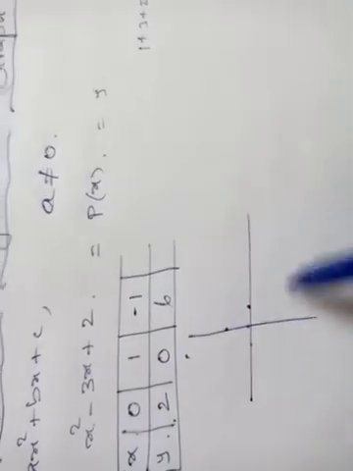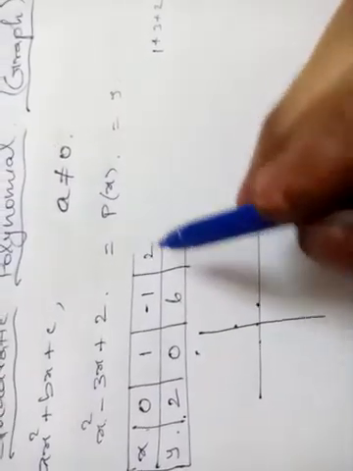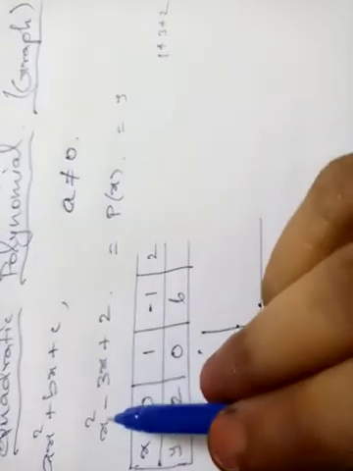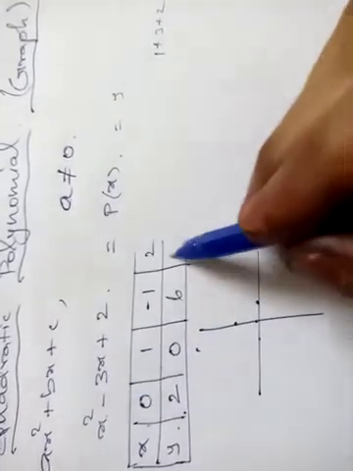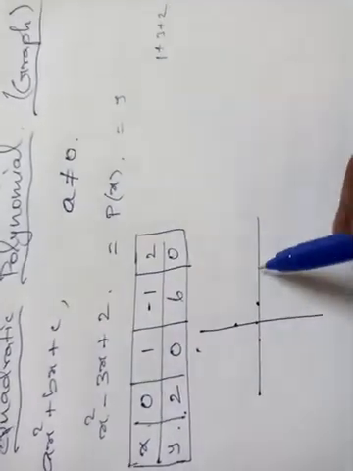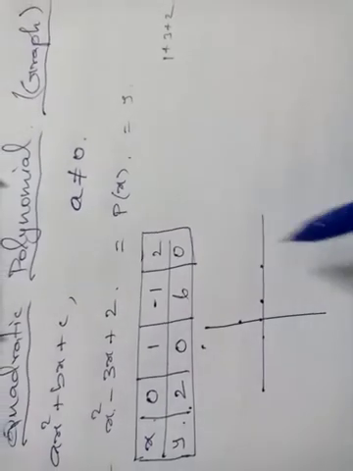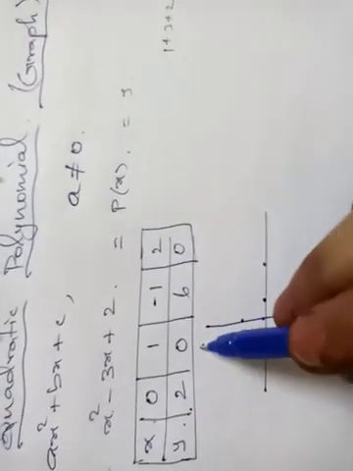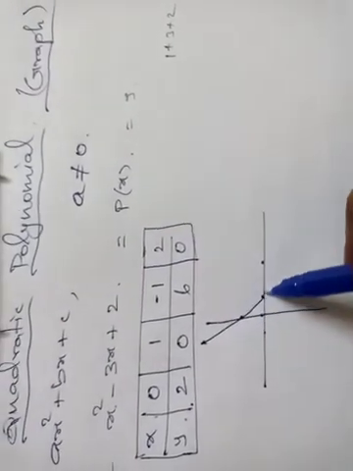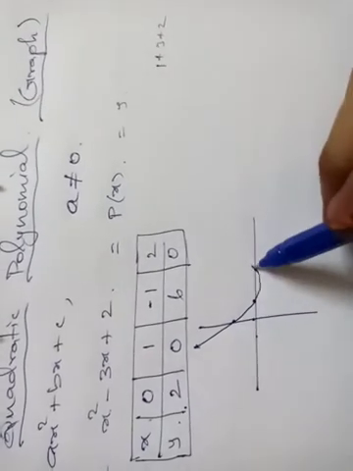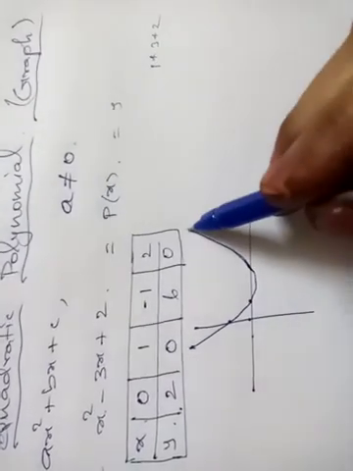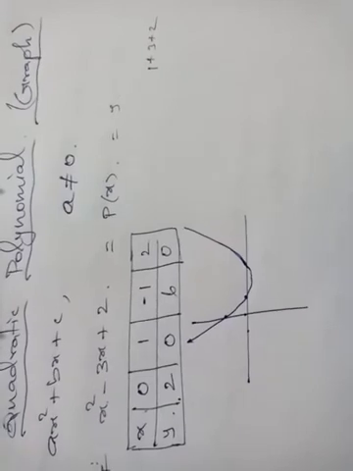So we will get like this. Next, one more point, 2, you take. 2 square 4, 4 plus 2 is 6, minus 6 becomes 0. 2, 0, this point also becomes 0. After that 3, 4, 5, 6 if you give, you will get one quadratic polynomial like this. Okay, like this a parabola you will get.